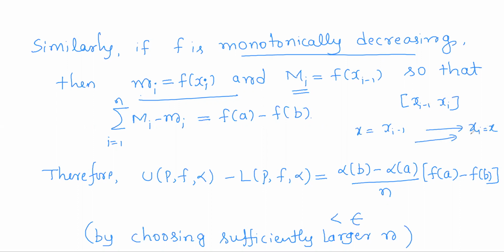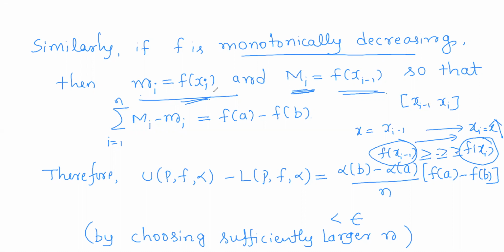As the domain points increase from xi minus 1 to xi, the corresponding function values, from f of xi minus 1 up to f of xi, gradually decrease. So the smallest value is the infimum and the largest value is the supremum. So f of xi minus 1 will be the supremum, and f of xi will be the infimum.